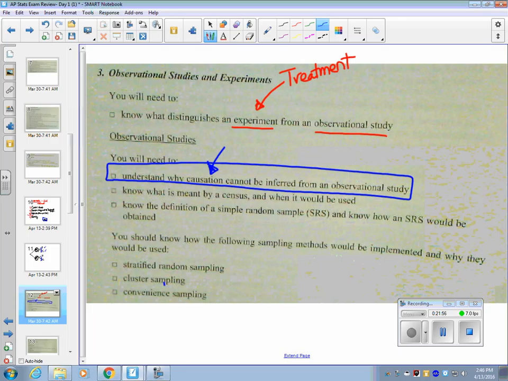Remember how we talked about correlation? If things are really correlated, does that mean that one causes the other to happen? No, because remember firefighters? The more firefighters that show up, that means that the fire is really strong. But firefighters don't cause fires, right? One doesn't cause the other to happen. It just means that there is a reason that they're there, because they put them out. So correlation doesn't imply causation, but experiments can. And that's the only thing that can. So experiments will make this happen.